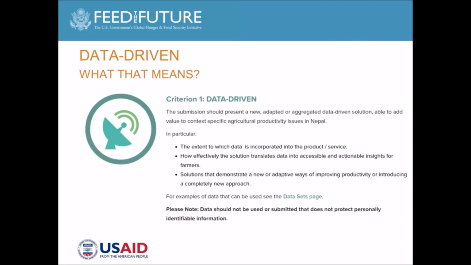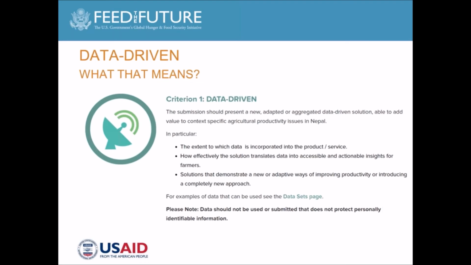The first criterion is that we are asking for a solution to be data-driven. We will be looking at the extent to which data is incorporated into the product and service that you suggest.